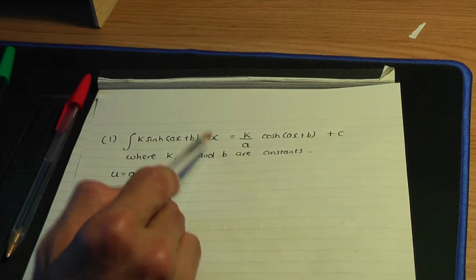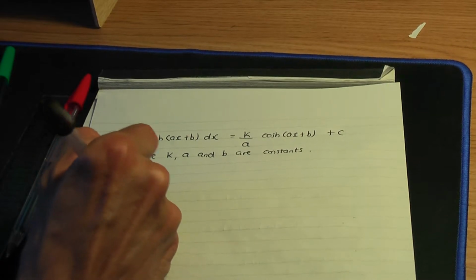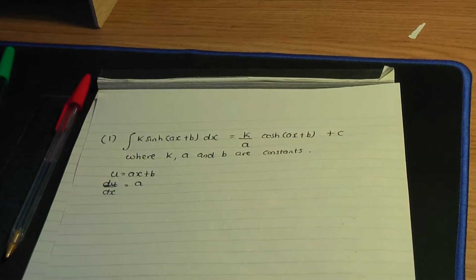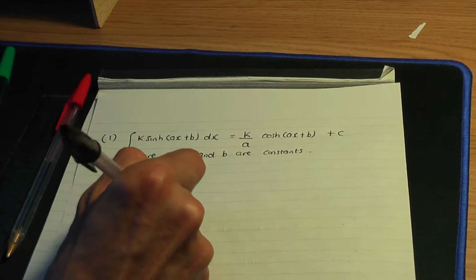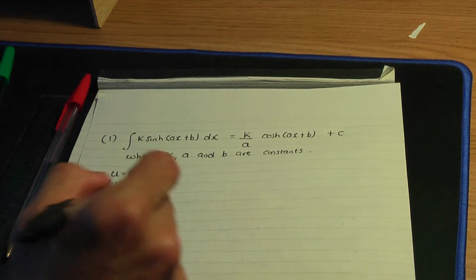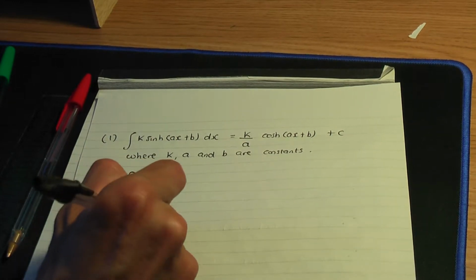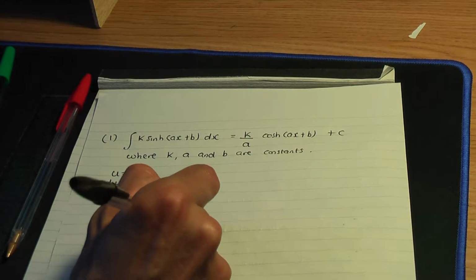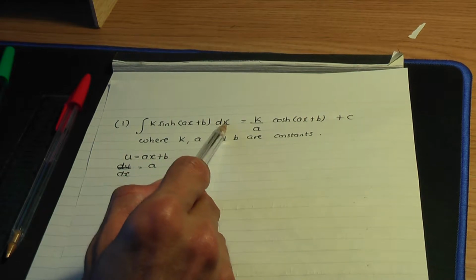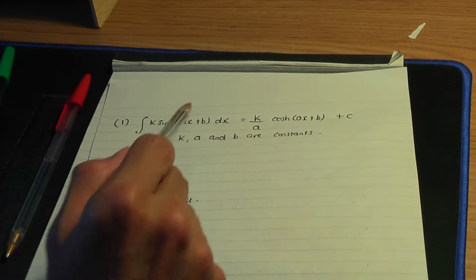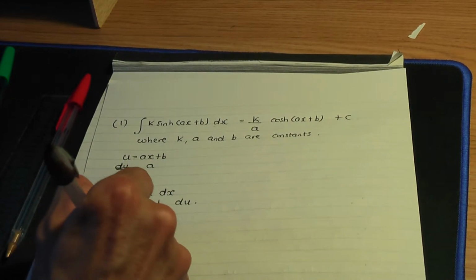If u is ax plus b, then du over dx, when I differentiate, will be a, and du is a dx. If I rearrange for dx, dx will be 1 over a du. So using substitution we can replace the dx by 1 over a du and replace the entire ax plus b by u.